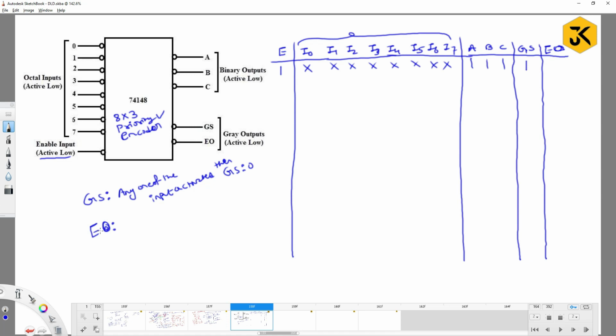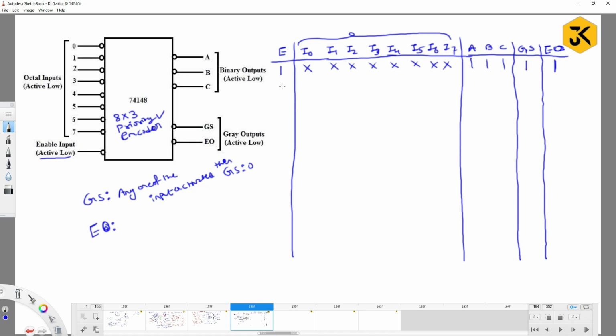How many 1 by 2 muxes are required? 4 at the output level. So our final result will depend on these 4, not on a single one. That's why enable output is used. Here am I using any other realization? No. So that's why I made enable output 1. I am simply defining only for the 8 by 3 priority encoder.